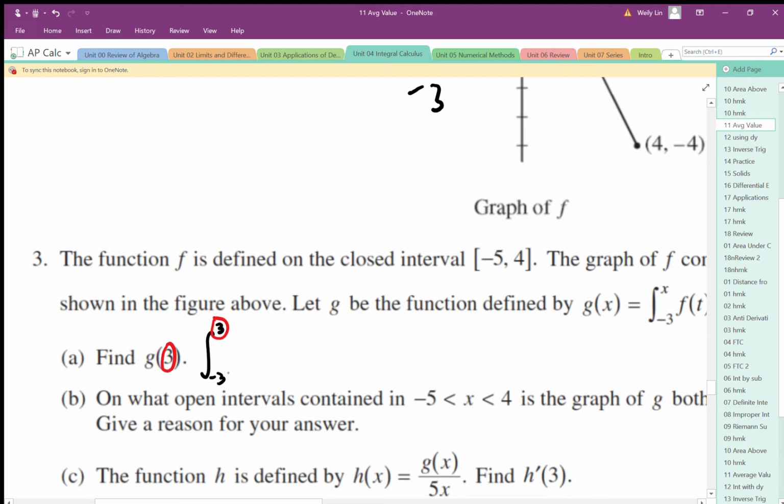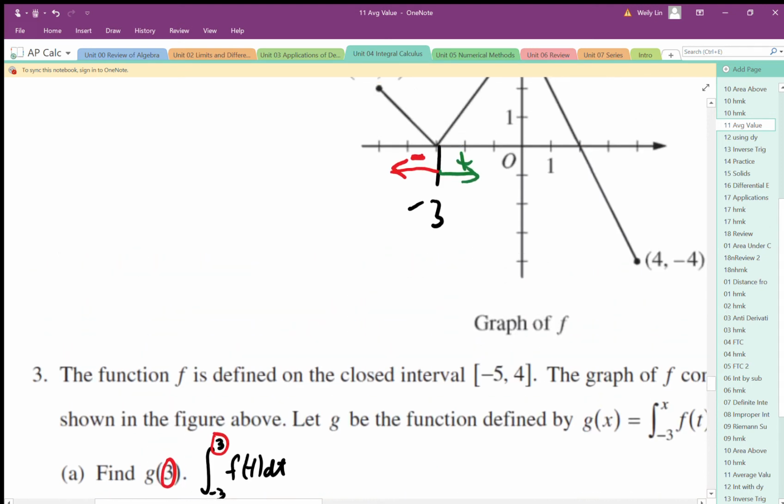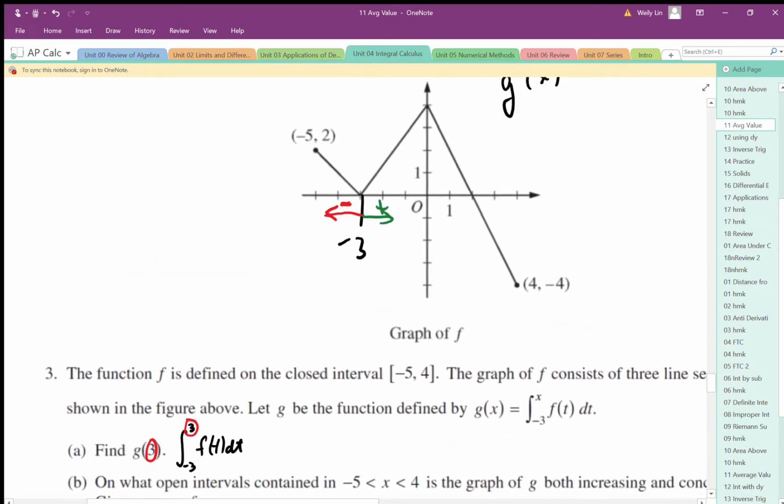So I calculate my area starting there, ending there. That's going to be the integral of f of t dt. So I take a look at my graph here. The area from -3, the positive area, I'm going to end at +3 there.